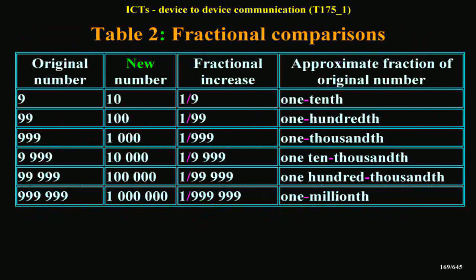Table 2. Fractional comparisons. Original number, new number, fractional increase, approximate fraction of original number: 9, 10, 1/10; 99, 100, 1/100th; 999, 1,000, 1/1000th; 9,999, 10,000, 1/10,000th; 99,999, 100,000; 999,999, 1,000,000.